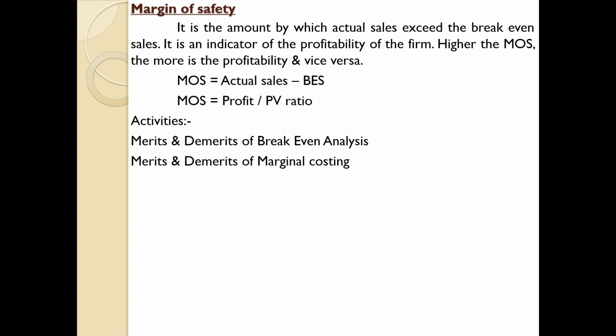As part of the activity, try to find the merits and demerits of break-even analysis as well as of marginal costing, and just go through the theoretical aspects. So let us go to the next area.